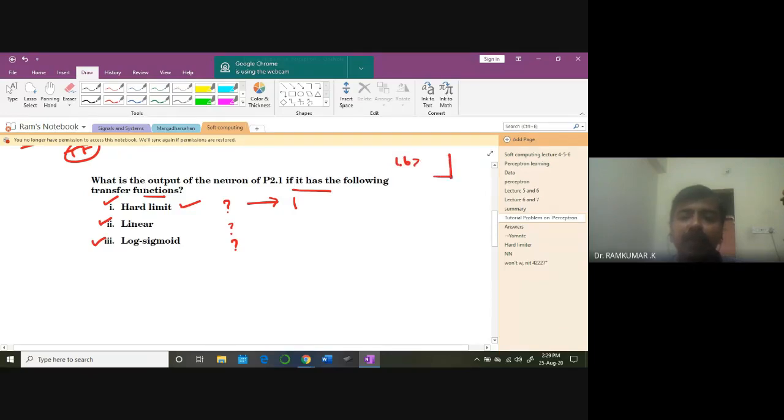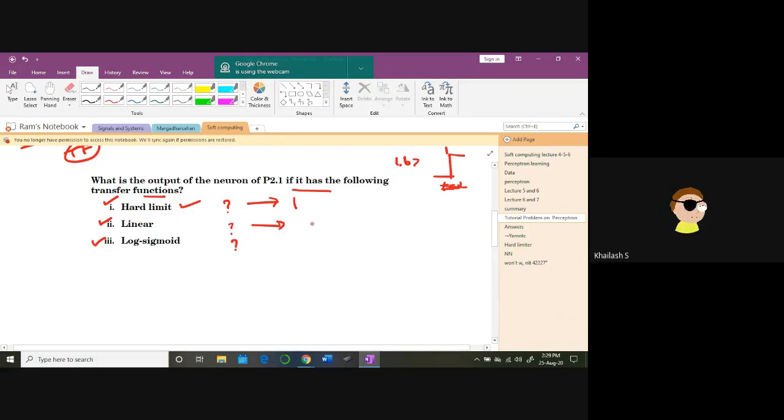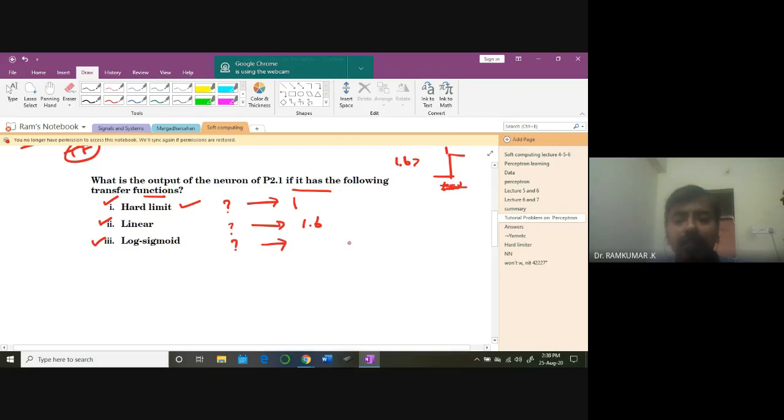So the step function is like this. At t equal to 0, it becomes 1. You remember the unit step function. At this point, greater than 0 means you're going to get the value 1. Now tell me what is the next one? The linear value, 1.6. Yeah, what is the log sigmoidal? You have to plug in this value.